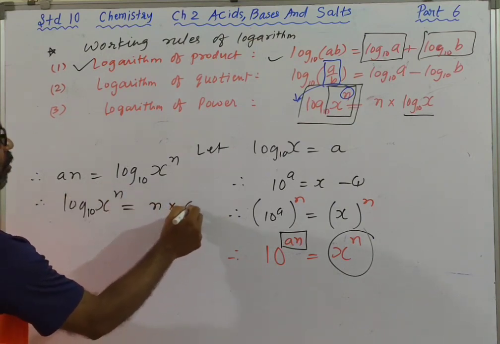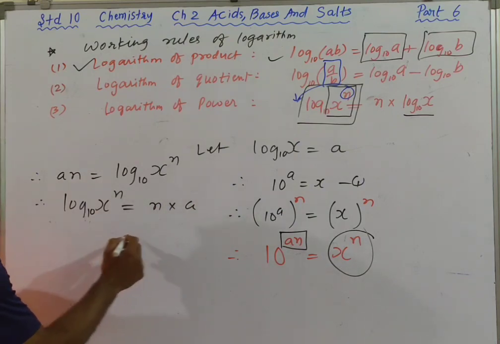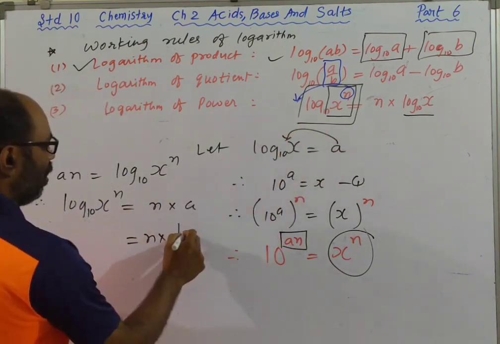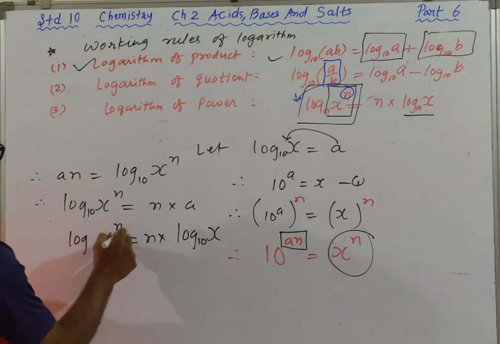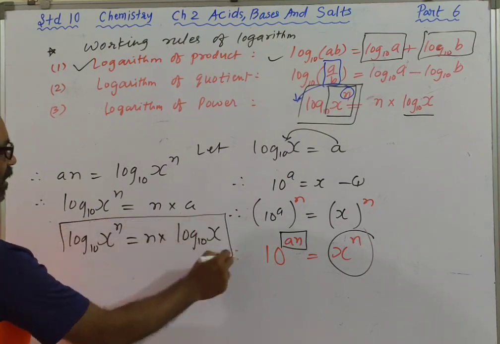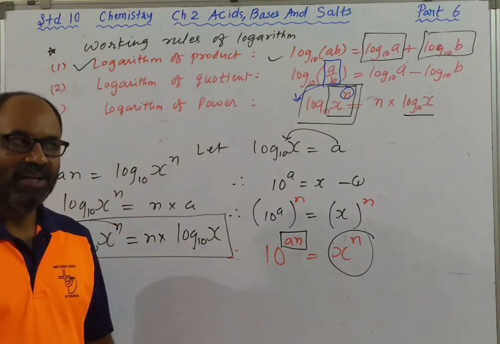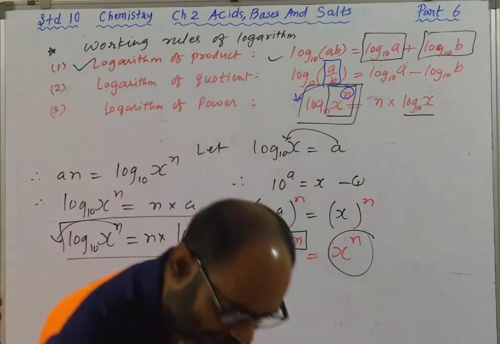I can write n into a, since multiplication is commutative. Now what is a? Logarithm of x to the base 10. So log of x raised to n to the base 10 is equal to n times log of x. This is the third working rule and it is logarithm of power.